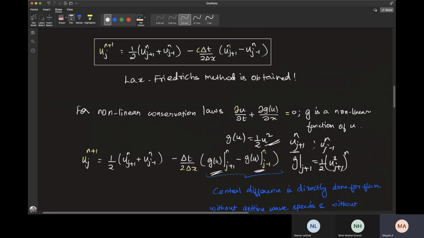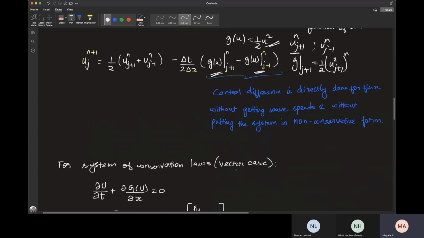So this way you can evaluate these fluxes. You will anyway be knowing the function G of u for any given conservation law that you have. So accordingly, you can use the form of G of u to evaluate G at j plus 1 and G at j minus 1, because you know the value of u at j plus 1 and j minus 1.